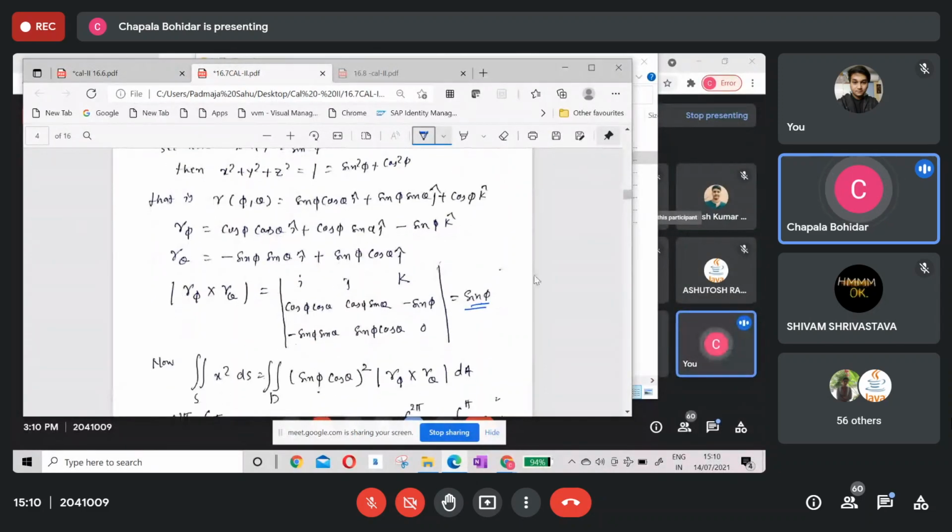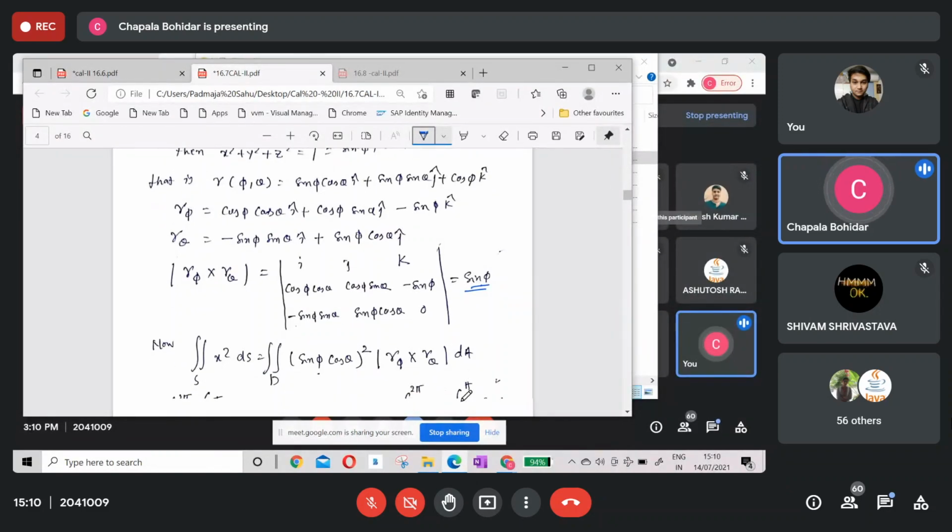That we get here, it is sine phi. Already it is done. There we are getting rho square, or I think it is A square sine phi we are getting there. But here, since rho is equal to 1, we get only sine phi. So now we substitute the value of x, it is sine phi cos theta square, then r_phi cross r_theta dA.